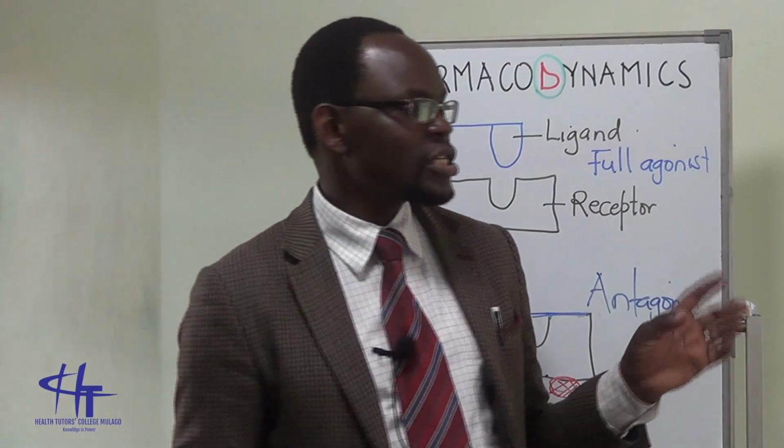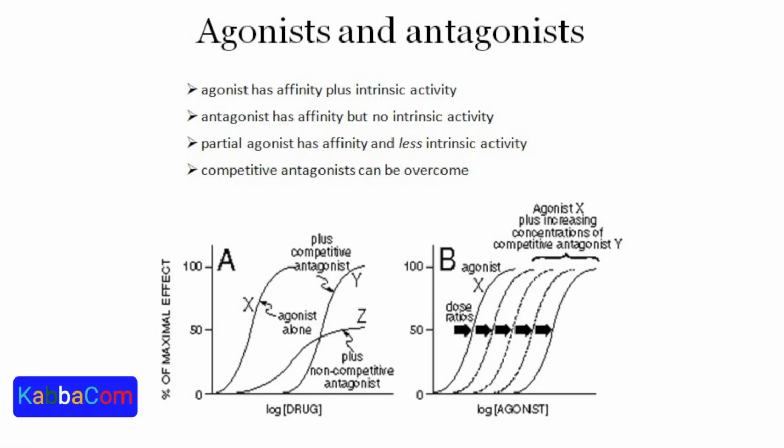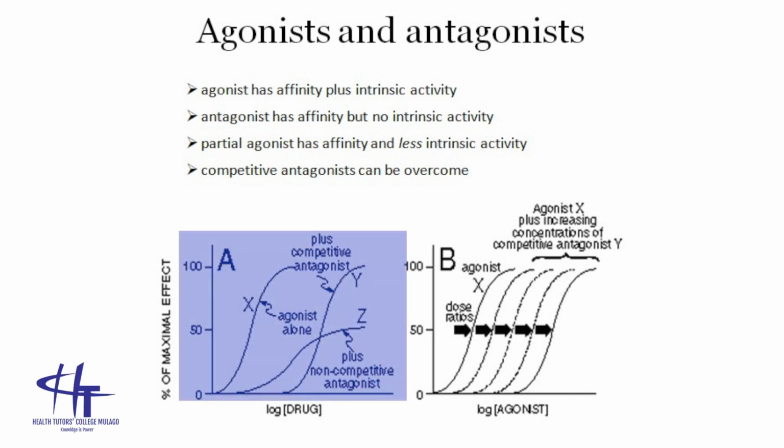And this graph before you clearly portrays the effect of what we call competitive antagonism versus non-competitive antagonism. In graph A, we can see very clearly that in the presence of an agonist alone, we see a sigmoid curve, as we said earlier, as far as response is concerned.